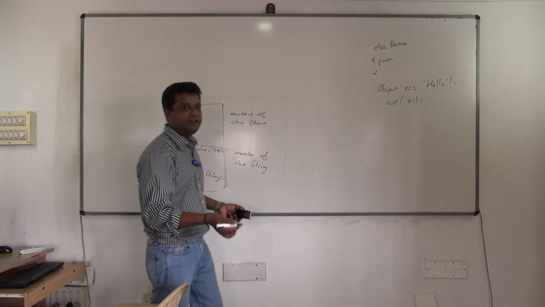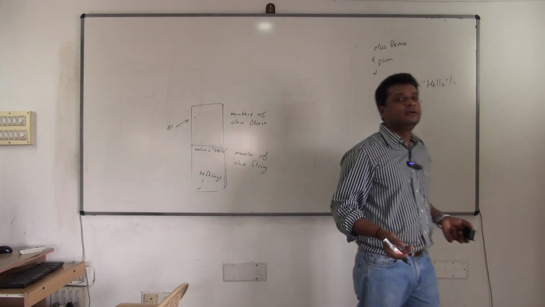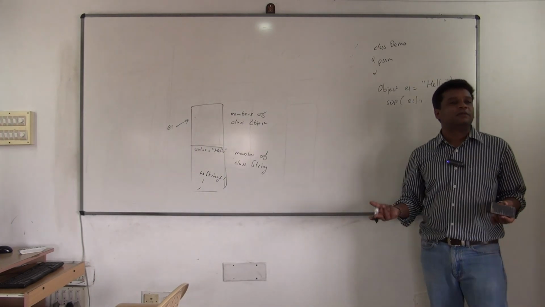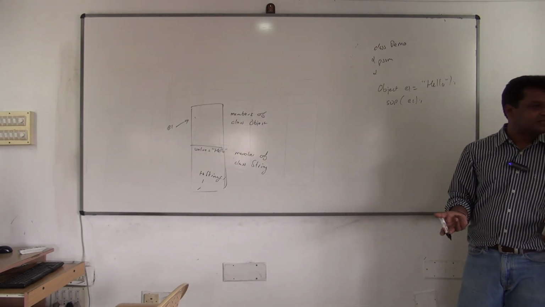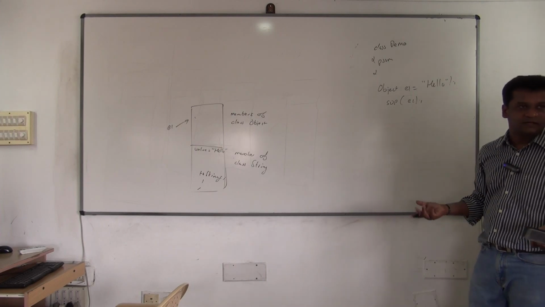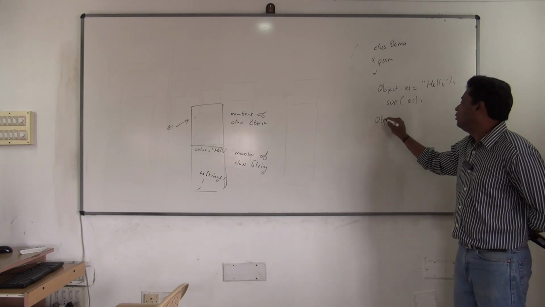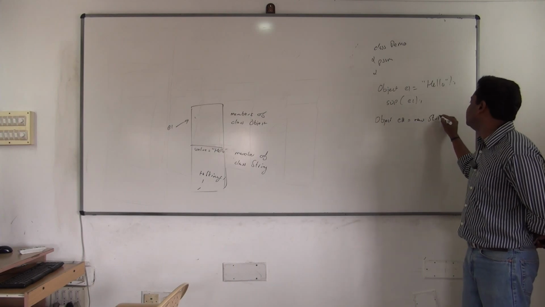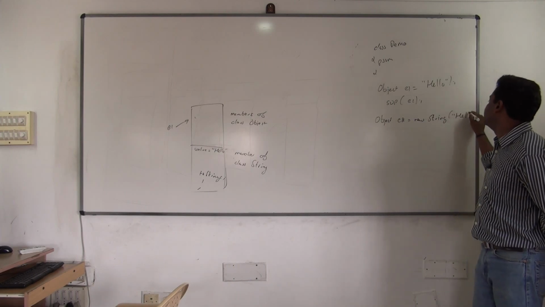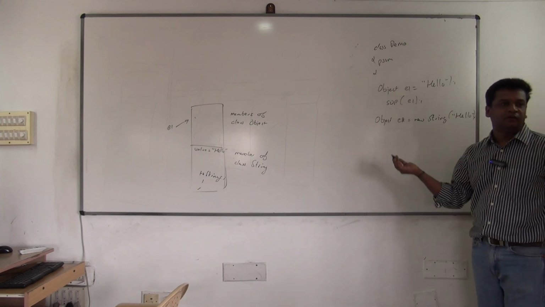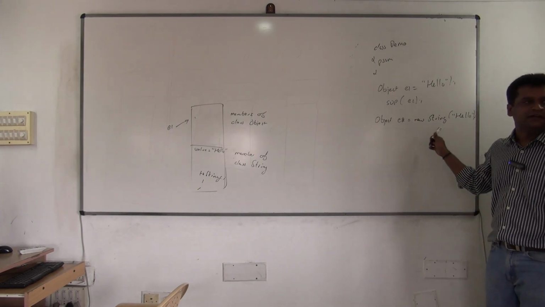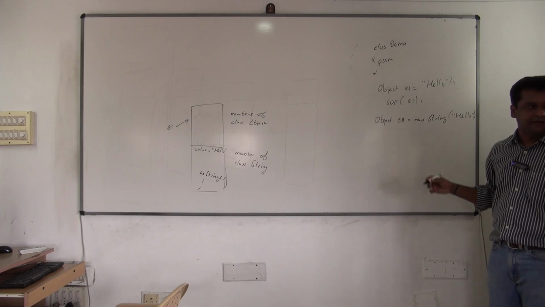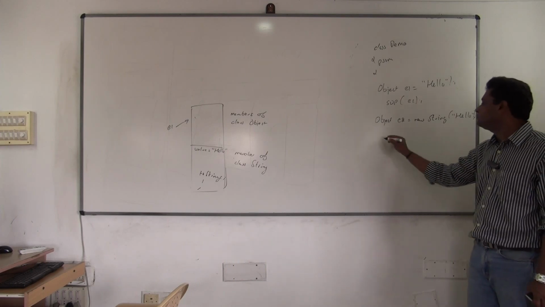So SOP E1 will definitely execute now. Whenever you print any variable, the overridden toString method gets executed. That's it. Okay, now one more. Object E2 is equal to new string. This is very clear now. I think you don't have any doubts. Here it is getting created outside the pool. Getting it? Okay, more questions.